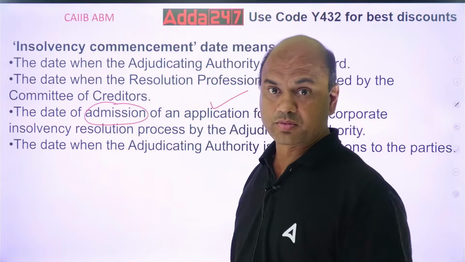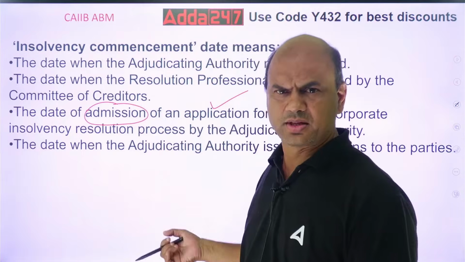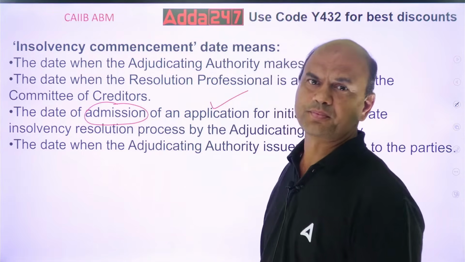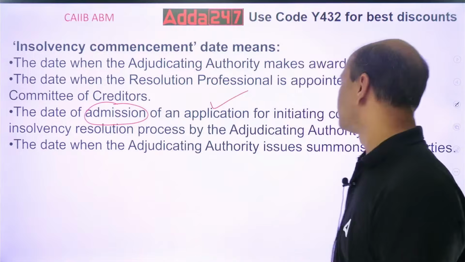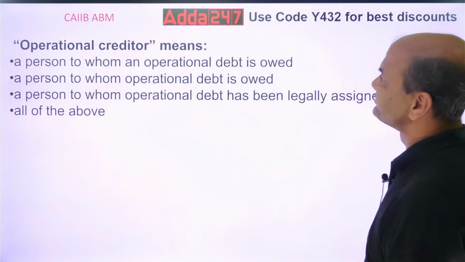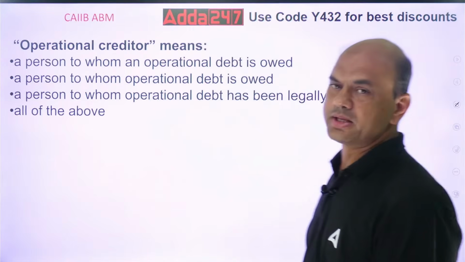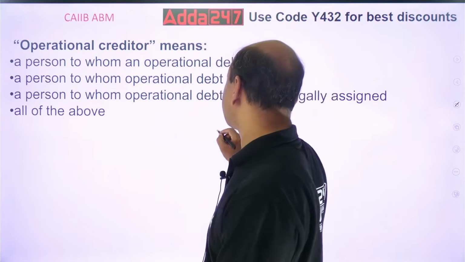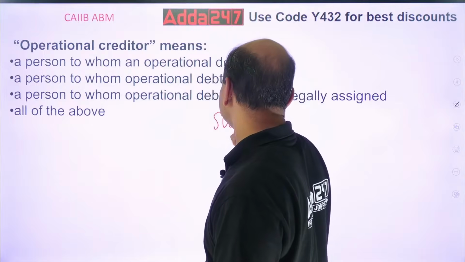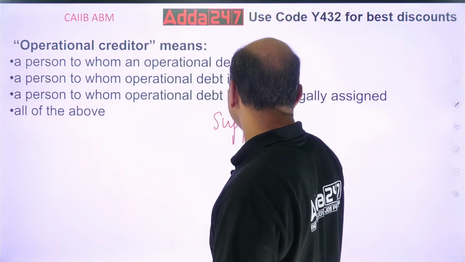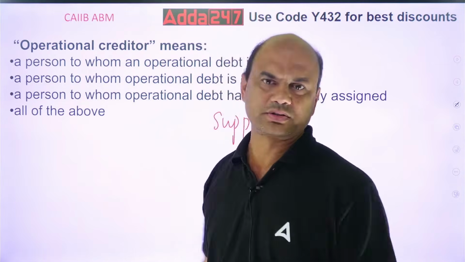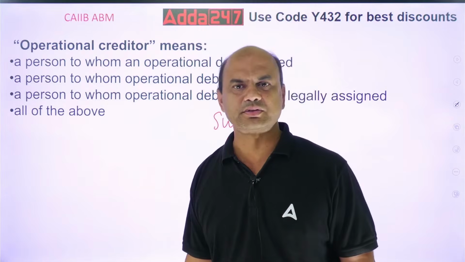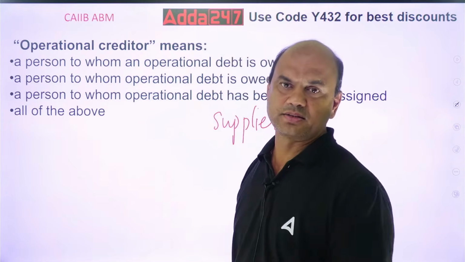There is one more technical term which will come now. So date of admission. Got it? Operational creditor, I'll give you in simple words, means supplier. The one who has supplied you the goods. There are two types of creditors. One is operational, second is financial.